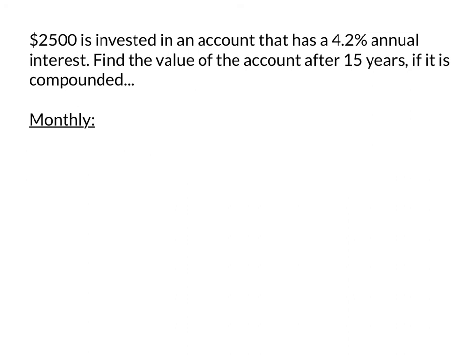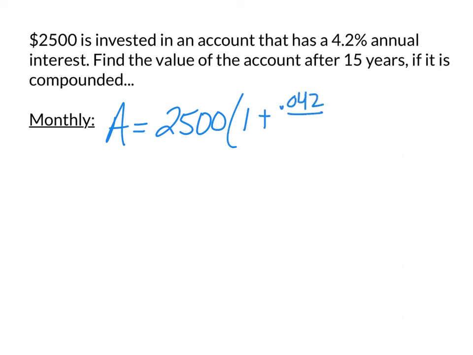If everything else is the same, then for the amount after 15 years, we're going to start with our principal, and we're going to add 4.2% for 15 years. But when it's compounded monthly, that percentage rate is divided up between the 12 months.